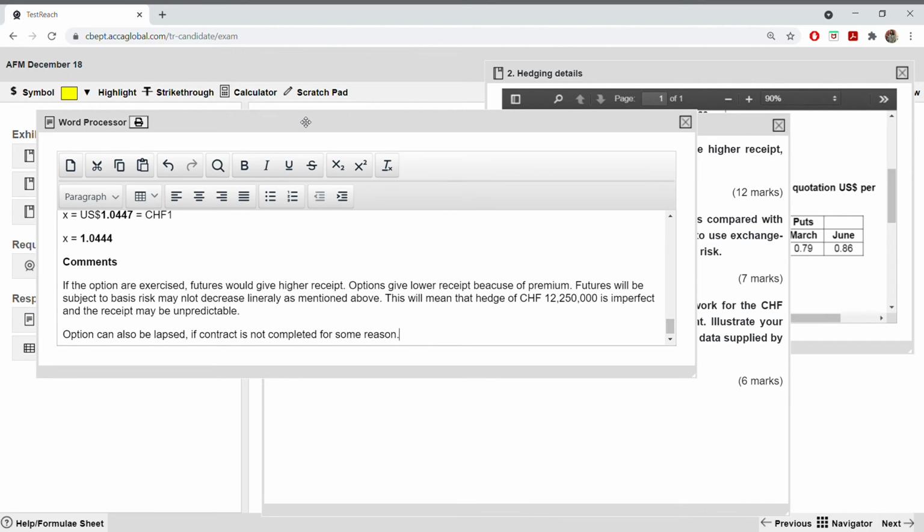You don't have to mention what reason, any reason. If this happens, then what will happen? The company will only have to settle what?